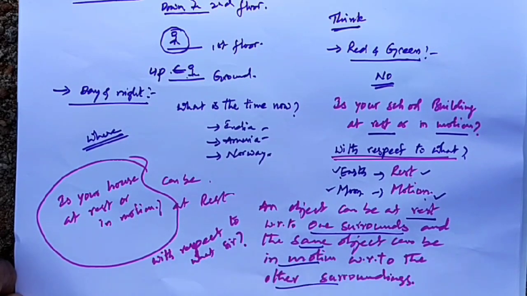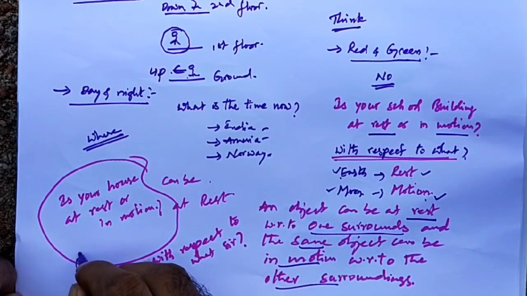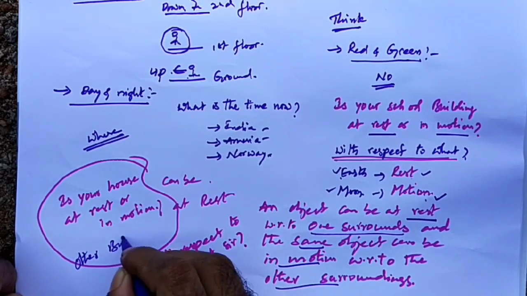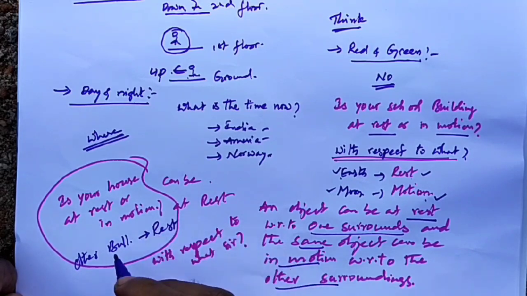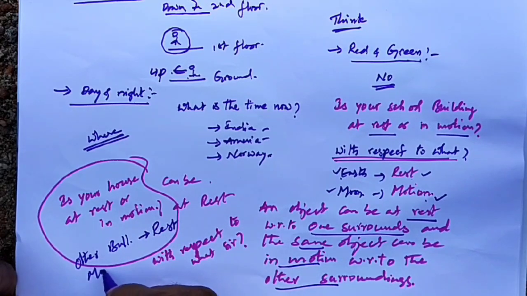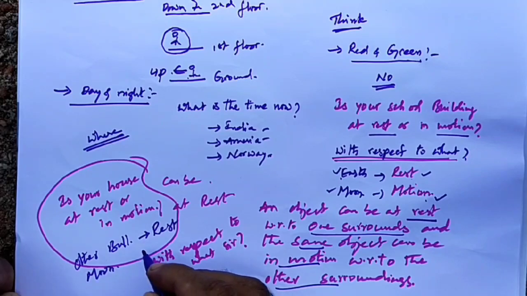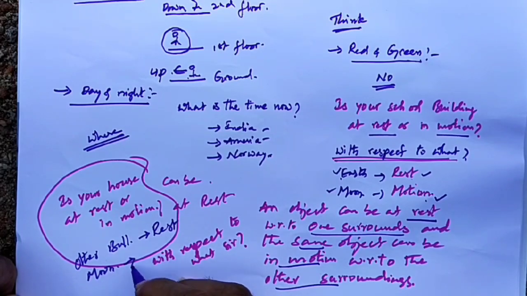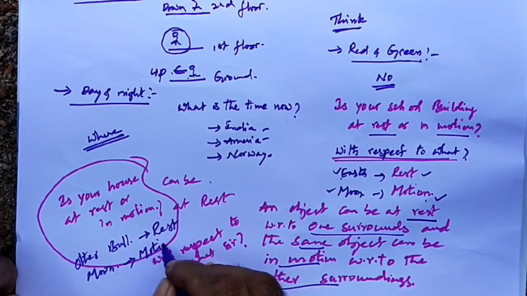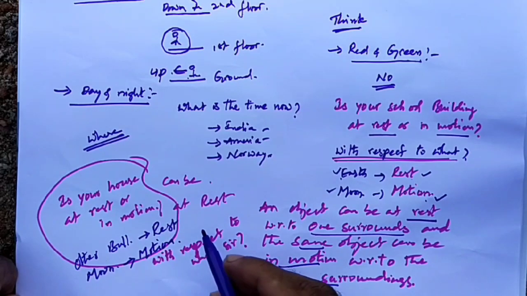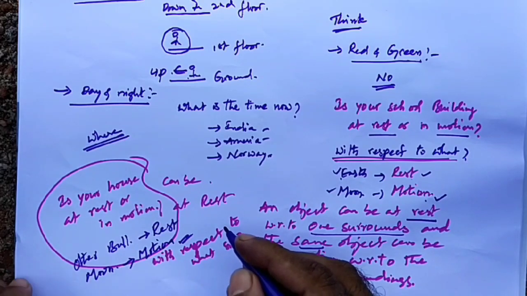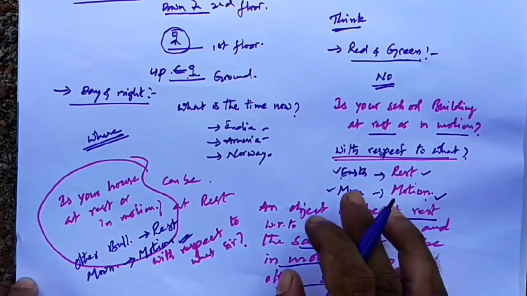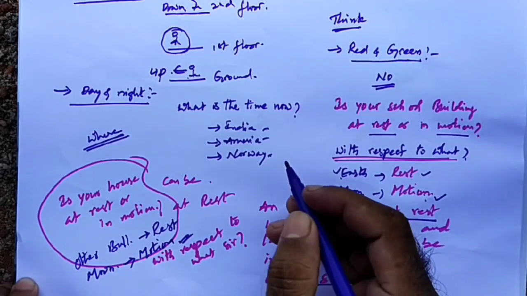If I say with respect to other buildings, then your house is at rest. If I say with respect to the moon or other celestial objects like planets and stars, then your house would be in motion. Got it? So this is the rest and motion concept. I think you understood the concept, right?